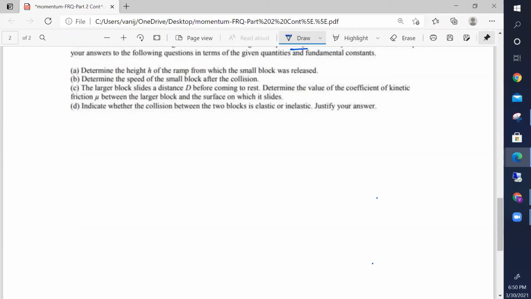The only way you would justify smartly would be by determining the kinetic energy of each of those objects before and after, right? If you can show that K initial is equal to K final, then that is going to be an elastic collision.